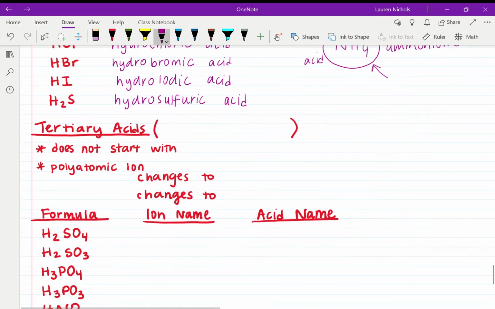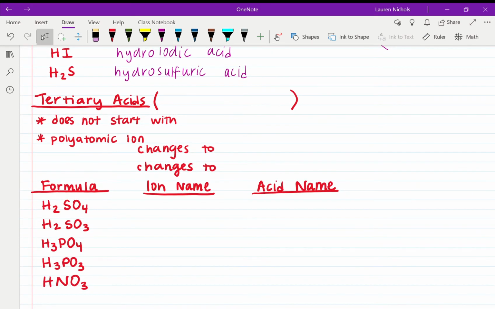Now, tertiary acids are a little different. Tertiary acids have 3 elements, typically, so hydrogen plus a polyatomic ion. So there is a polyatomic ion in there somewhere. And remember, a tertiary acid is not going to start with hydro at all.